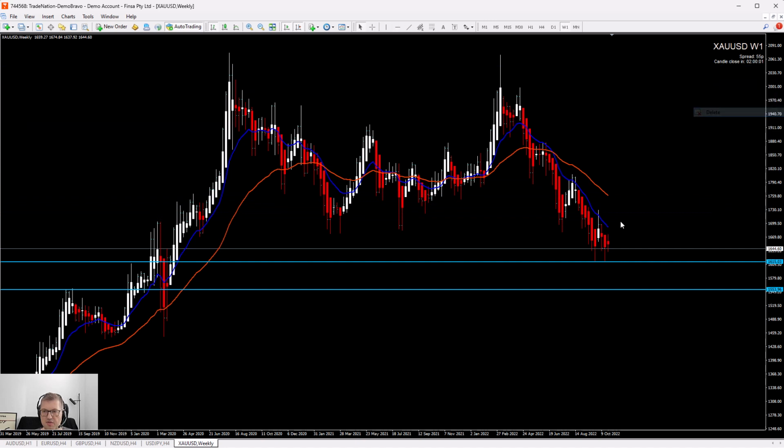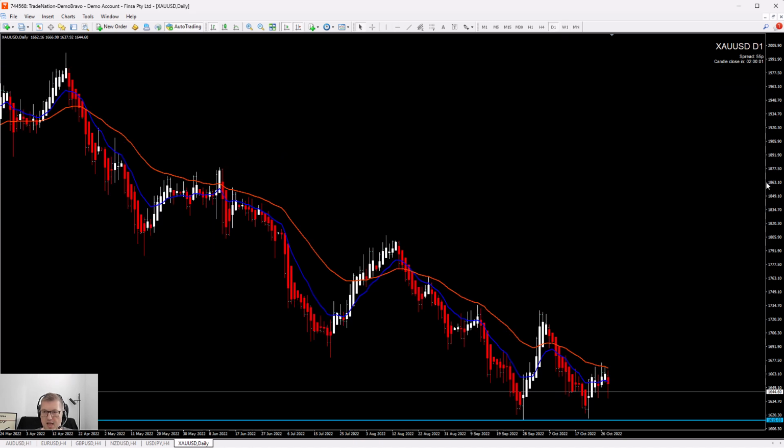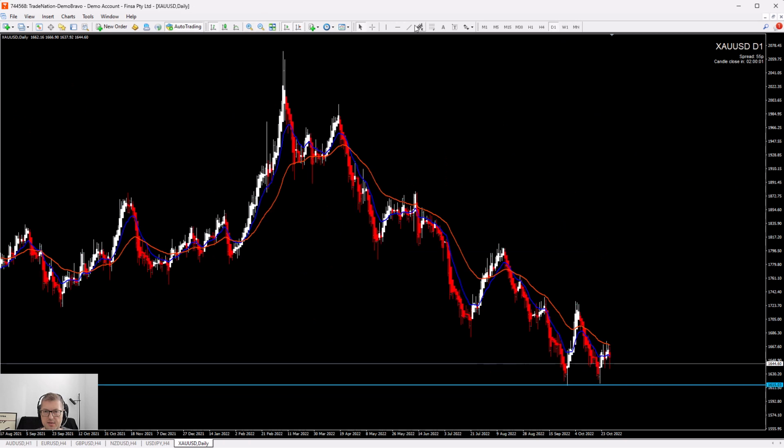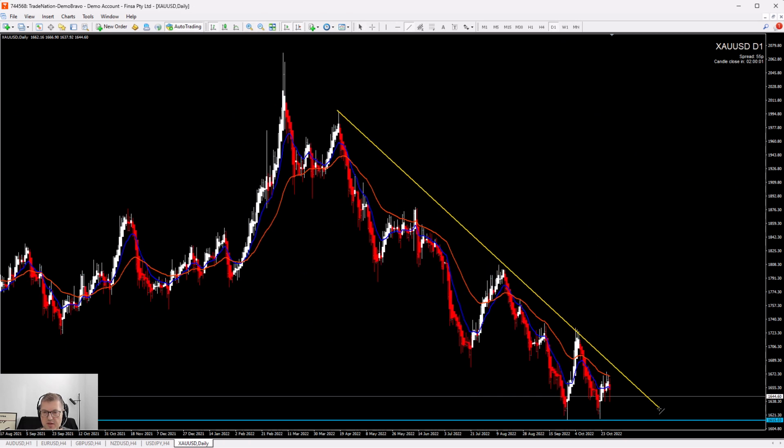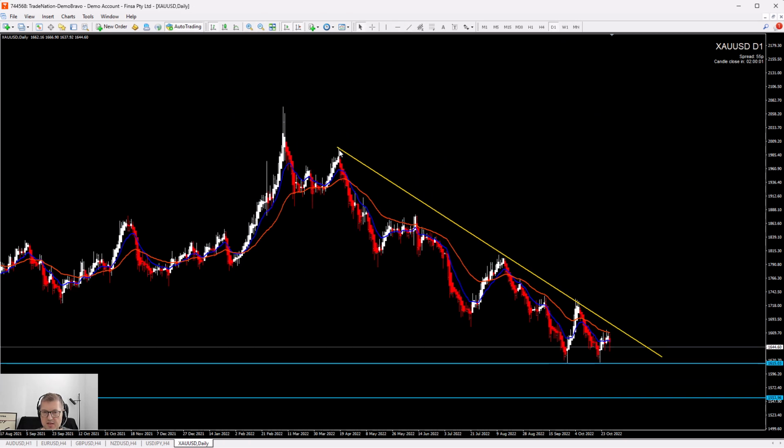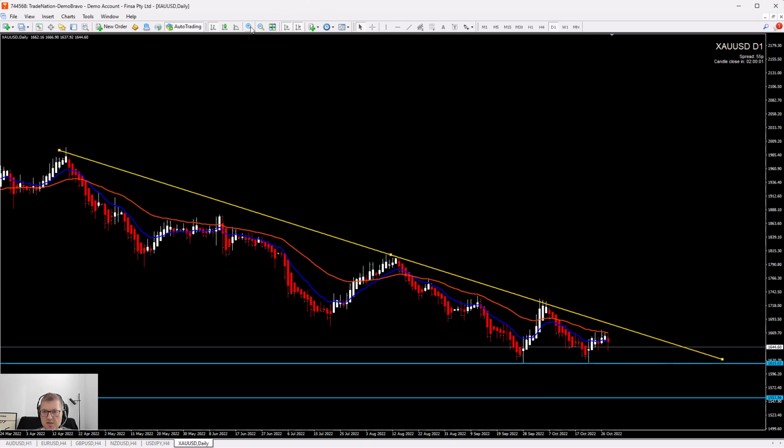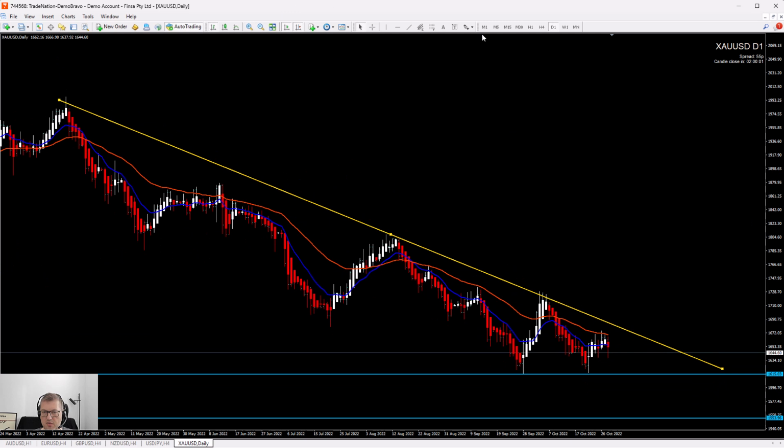So on the daily chart, like you said, we have this trend line. This trend line is nice and powerful, and we see that price is in the range right now. So ideally, what we would like to do is wait for a breakout of this or a breakout of that.